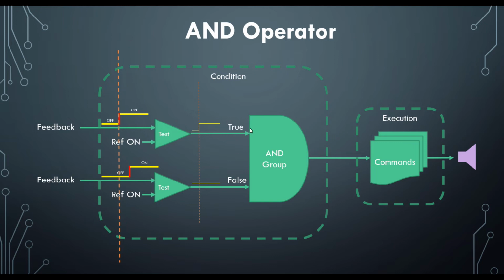A true and a false on the input to the AND group means that the output of the AND will be false. The condition is therefore not met, and the action will therefore not be executed, and no sound will be produced.